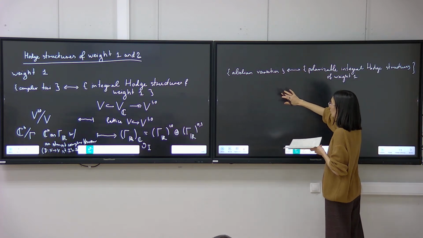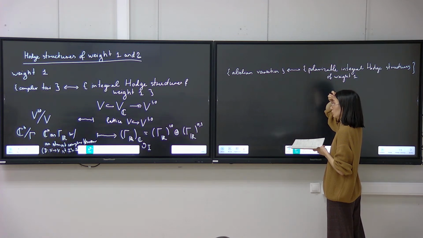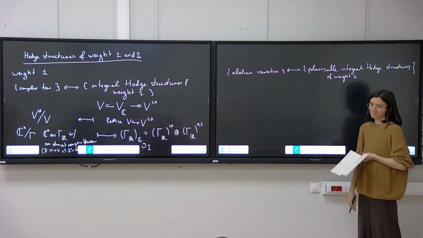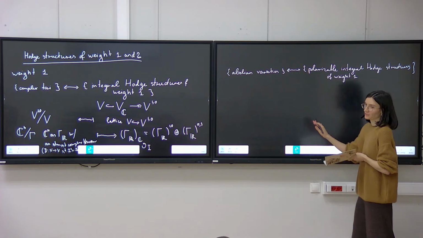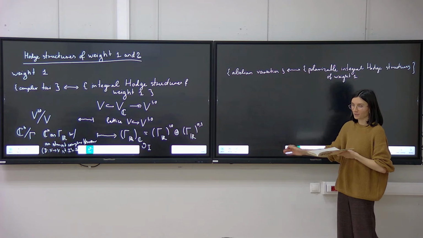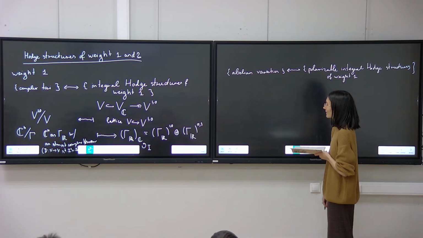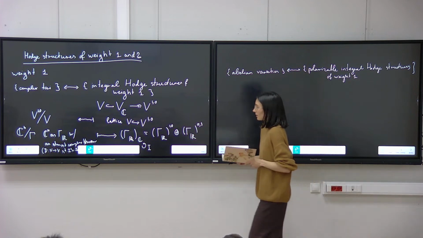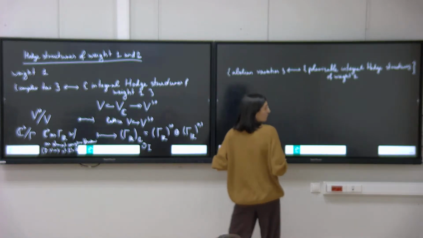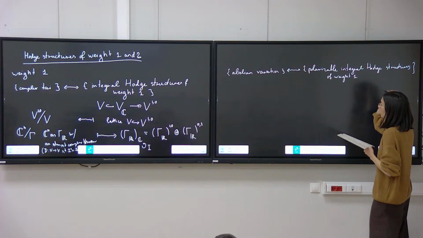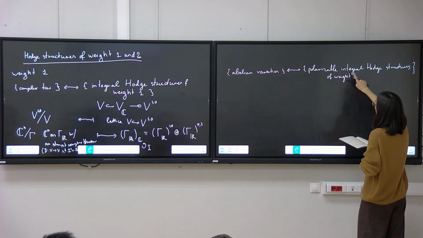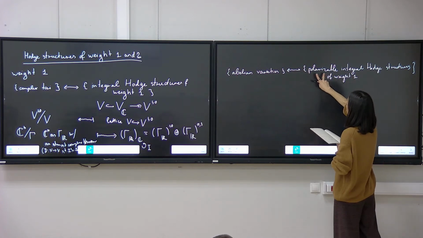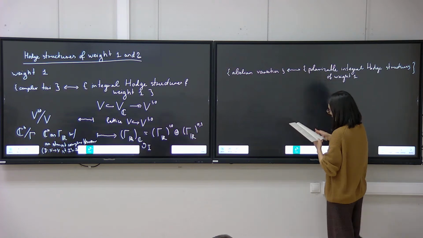I will not explain why this is so. Today's lecture will be just a survey lecture, just some funny facts from algebraic geometry that I would like to present in this course. So abelian varieties are in bijection with polarizable integral Hodge structures, so an integral Hodge structure such that there exists a polarization on it.